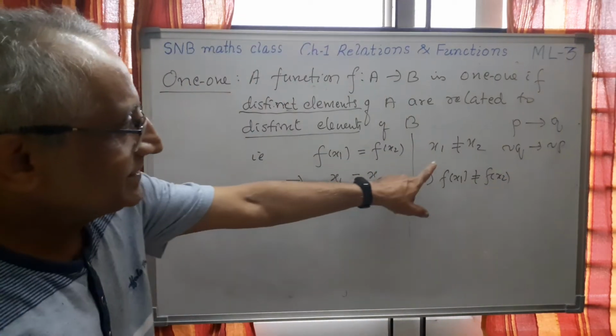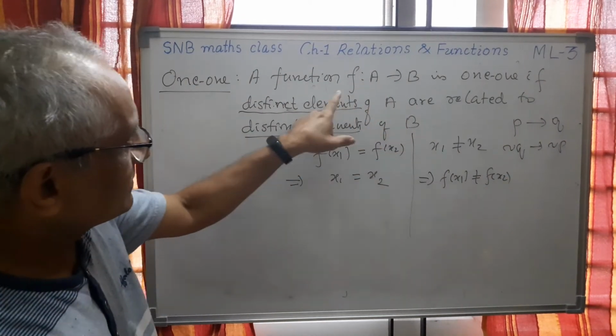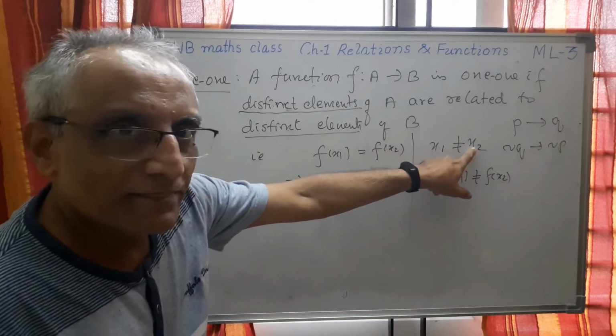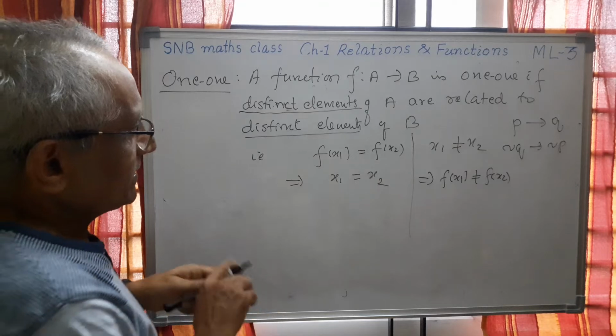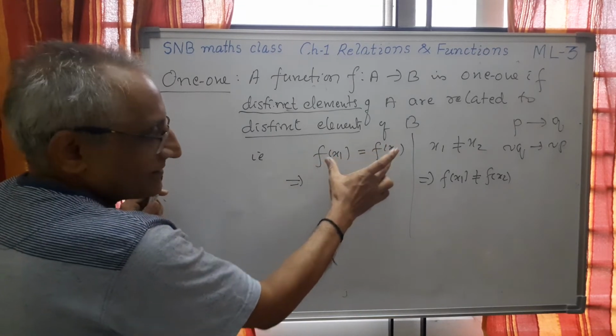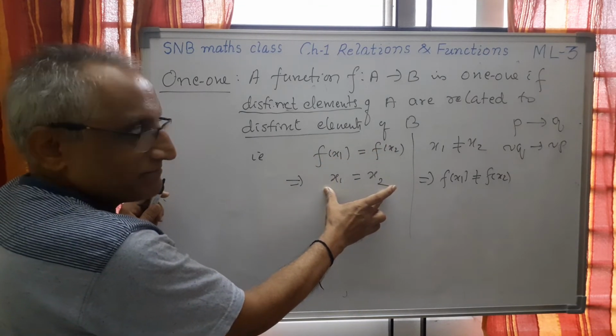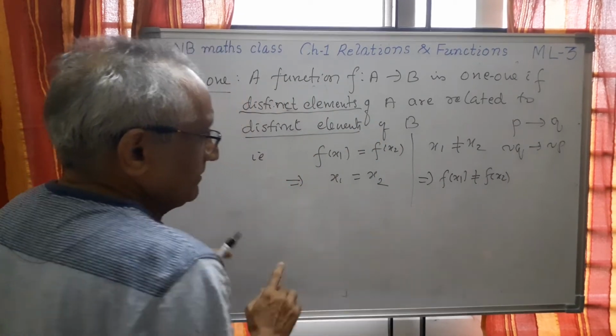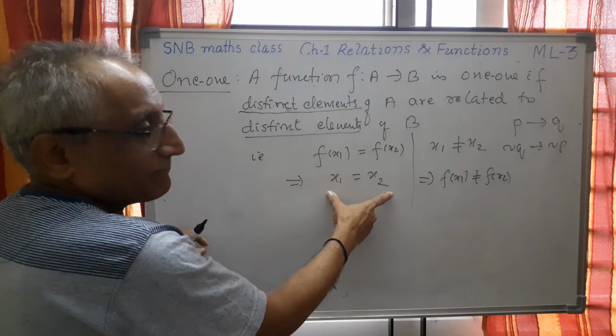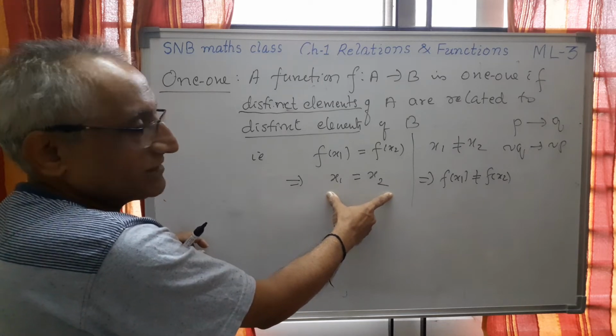So you see, this is actually the same as distinct elements going to distinct images. Or in other words, if the images are same, then the pre-images must be same. And remember, normally we use this as the method of proving a given function one-one.